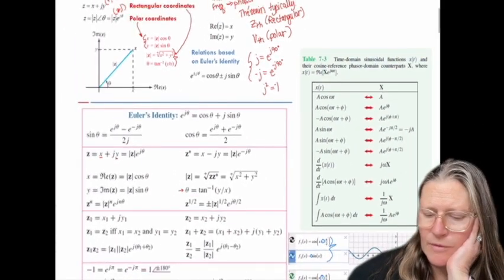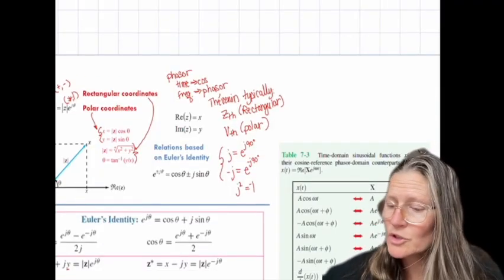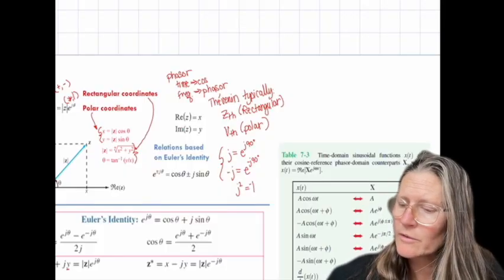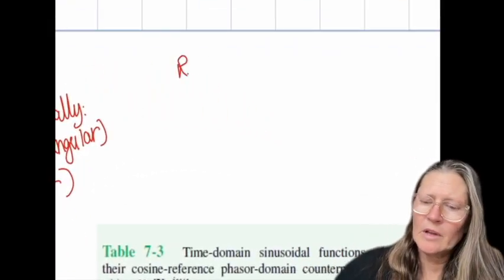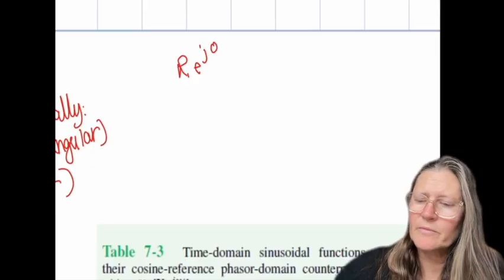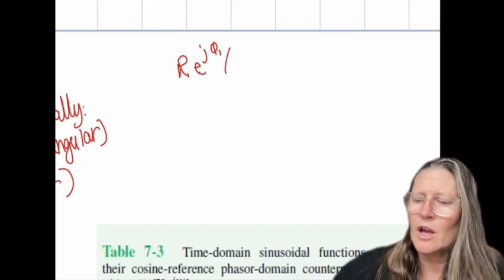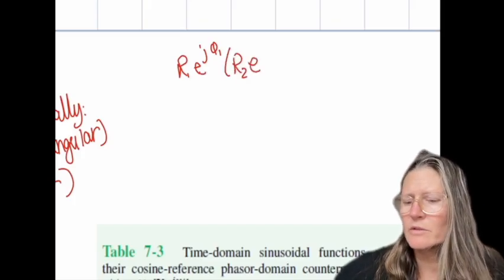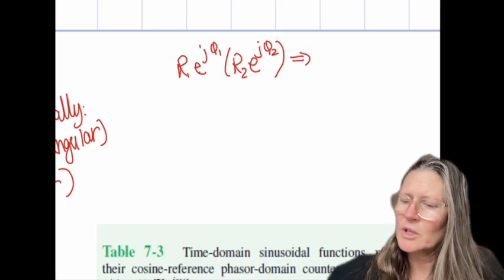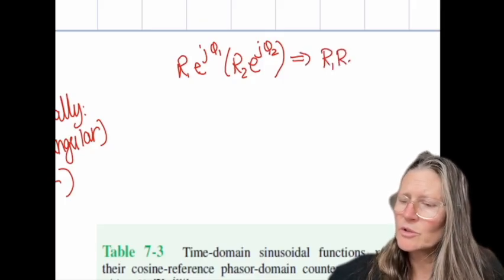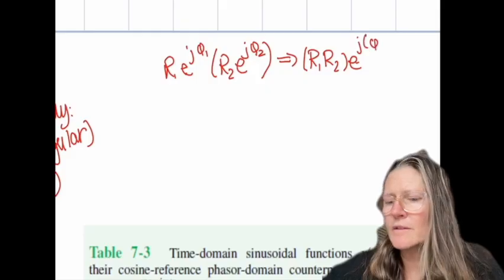When you have the properties of multiplication of polar, so say I have two polar forms, and say I'm multiplying them together, then that is going to be R1 times R2, and then you add the exponents.